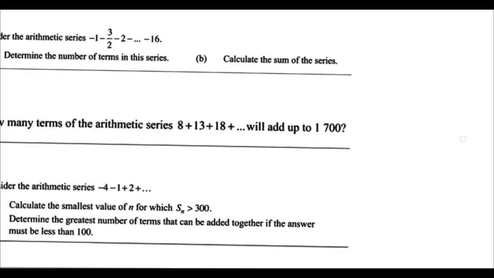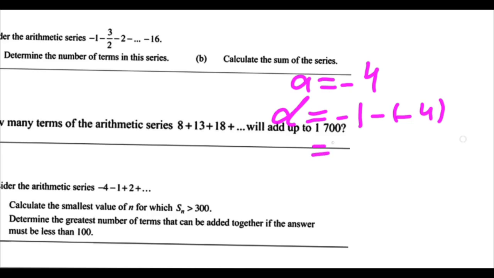So we got the first term -4, a we got -4, and d we need to find out, -1 minus -4. So the answer will be term 2 minus term 1. Answer will be 3. Now you need to set up the inequality.